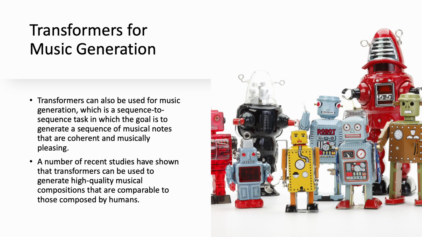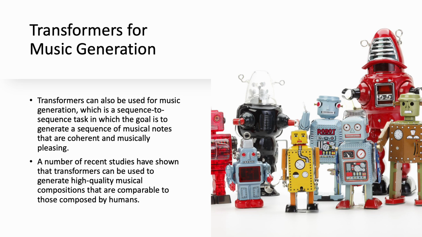Another example is a work by Dhariwal et al. in the paper Jukebox, a generative model for music. It was published in 2020, whereas the Music Transformer paper was published in 2018. The authors proposed in the second paper a transformer-based model for generating music with high fidelity and long-term coherence.